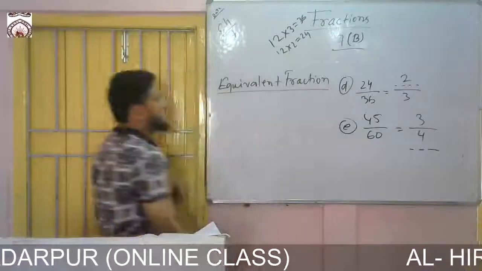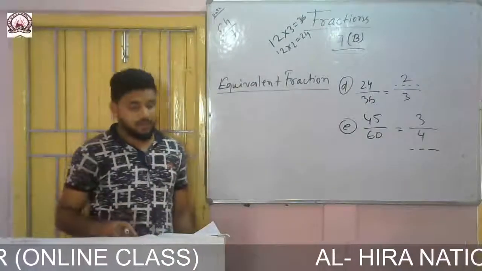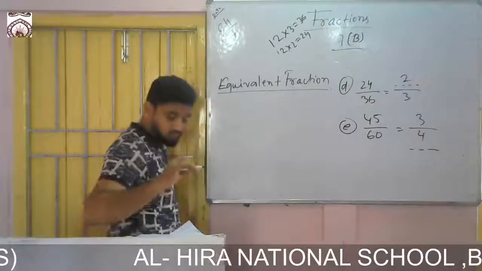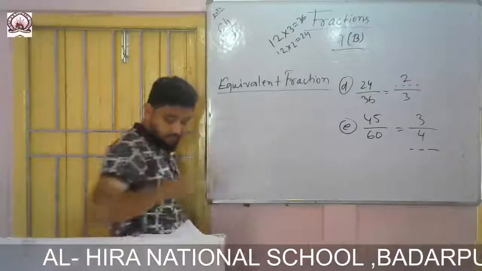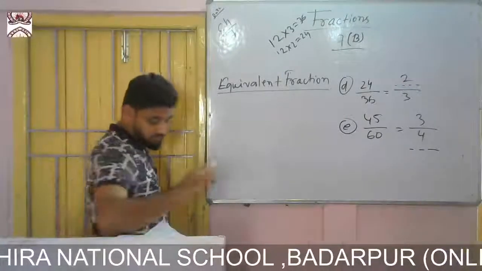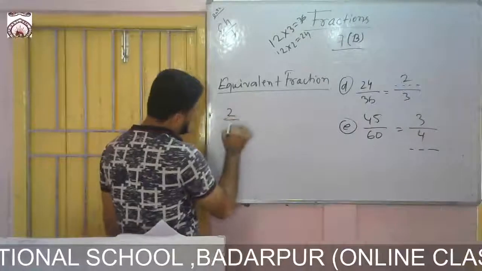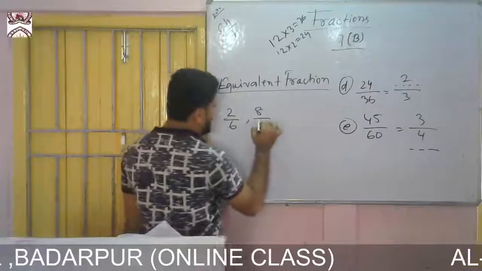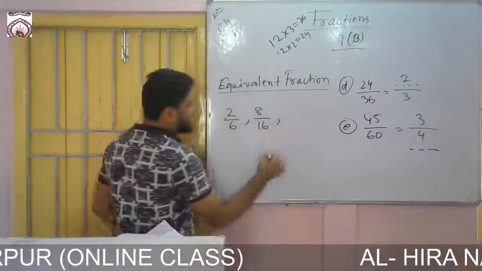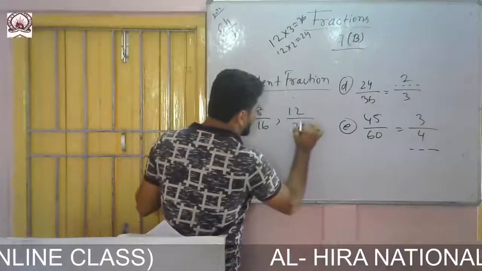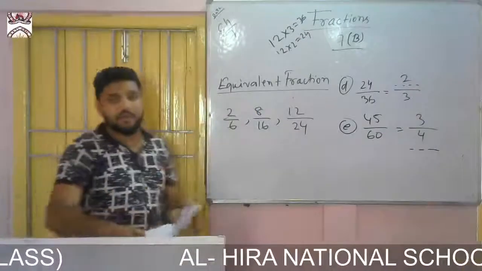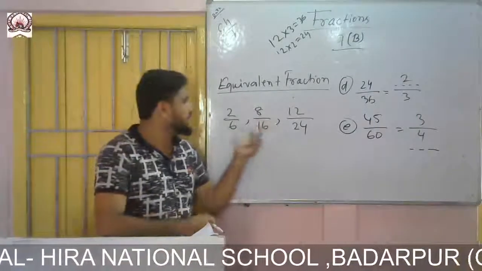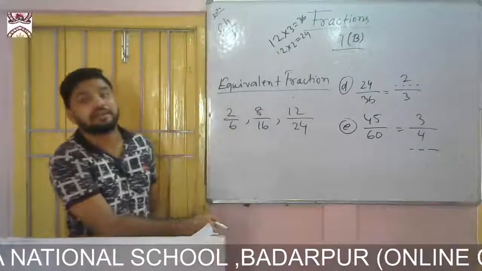Let me take an example. Suppose I take 2 by 4, then 8 by 16, then 12 by 24. So equivalent means the fractions are equal to one another. That is equivalent fractions.